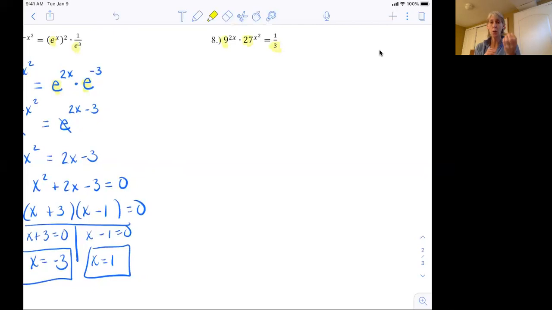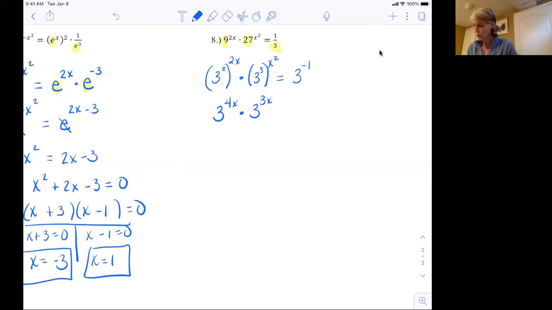You want to go down to the lowest base. So I need to rewrite each one. When I go to rewrite 9 as a power of 3, it's 3 squared. But I'm still raising it to the 2x. Times 27 is 3 cubed. And I'm still raising that to the x squared. And 1 over 3 is 3 to the negative 1. 3 to the 4x times 3 to the 3x squared equals 3 to the negative 1.